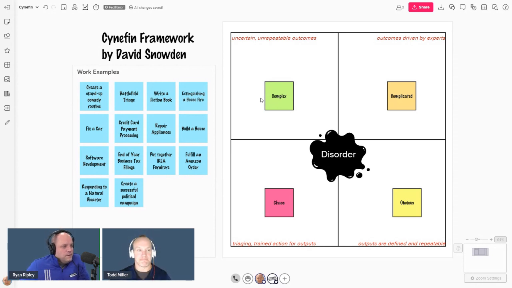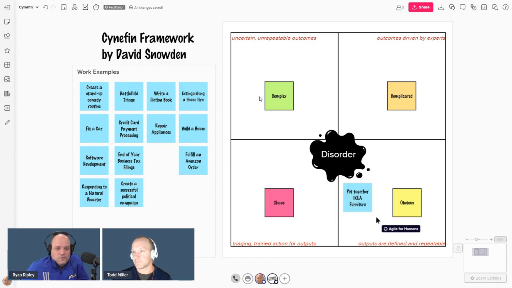I like it. And so when I see this obvious domain where outputs are defined and repeatable, I see this work type here, Todd, that I want to move. I'm going to put together IKEA furniture, right? Mm-hmm. Now, IKEA furniture is interesting in that the instructions are now cartoons. There's not even words on the instructions as far as I know.